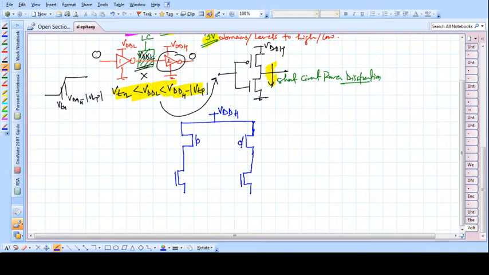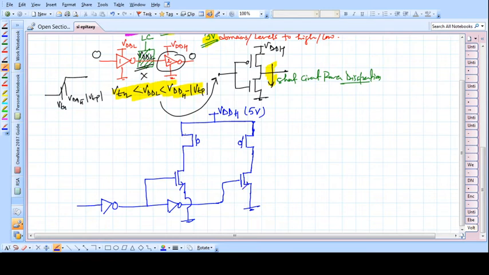Initially we have taken 5 volts for this one, so write in brackets 5 volt. We are using two more inverters, and we are giving input at this one and one to this, and putting it to the ground. This one is our NMOS, with an arrow symbol like that, and this one is our PMOS, and these transistors are cross coupled.